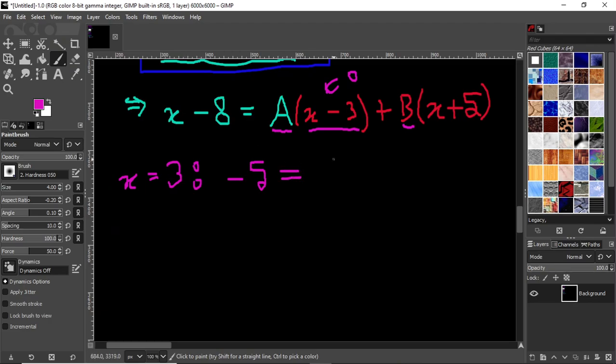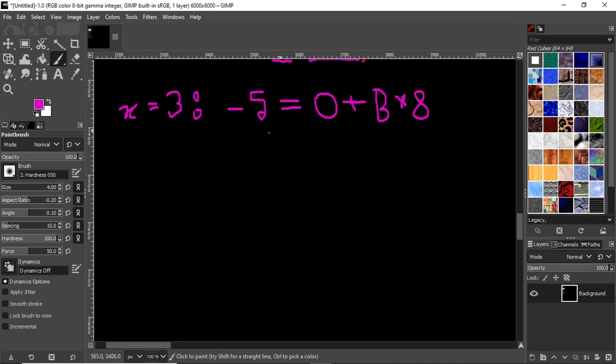So the left side equals 0, I'd even write that to not confuse myself, plus B multiplied by 3 plus 5, that's 8, so 8B basically.